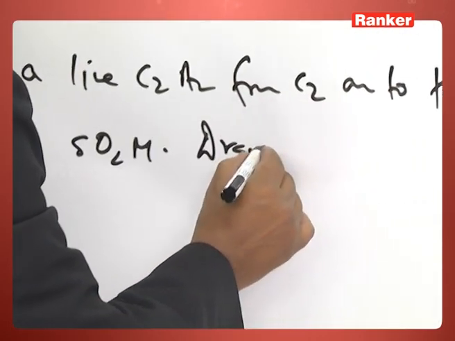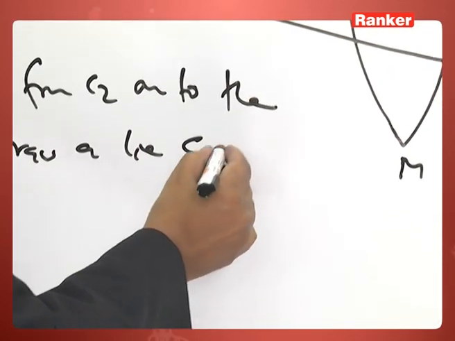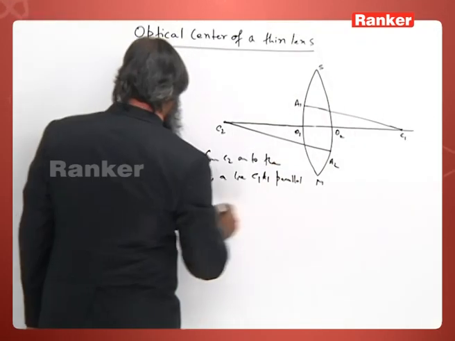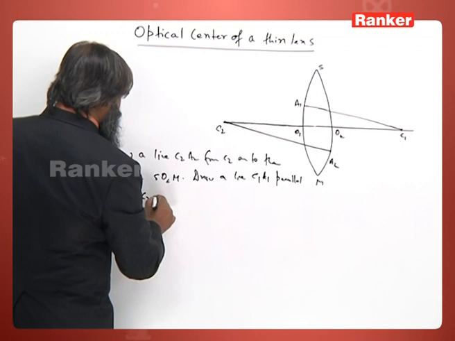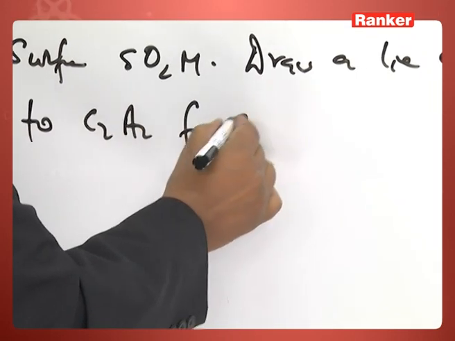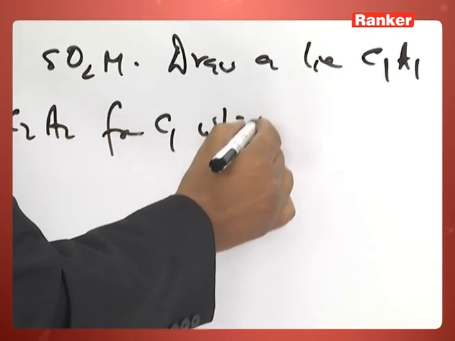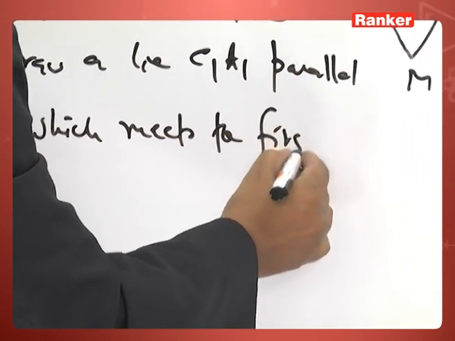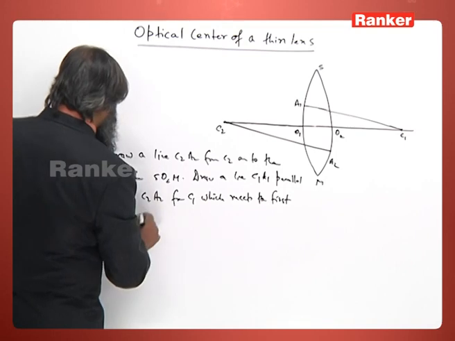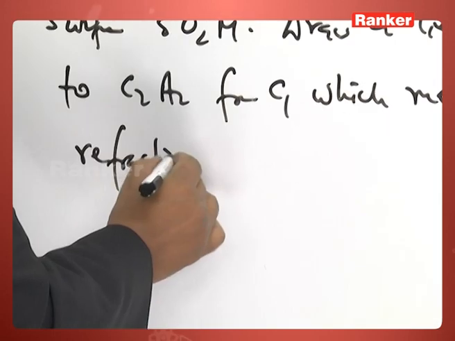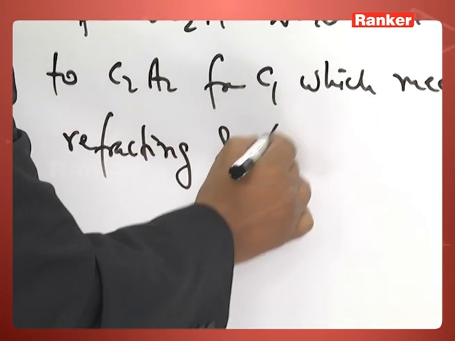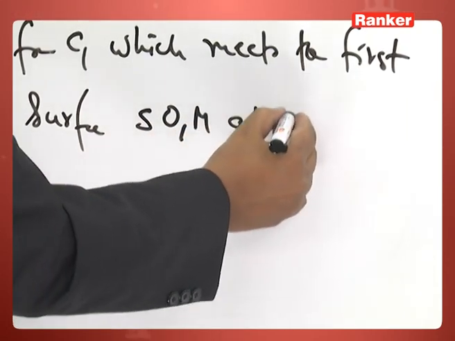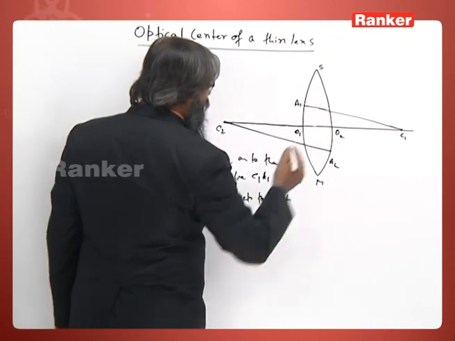Draw a line C1A1 parallel to C2A2 from C1, which meets the first refracting surface SO1M at A1.